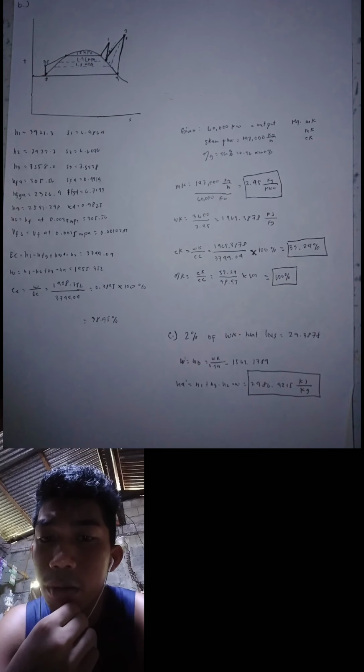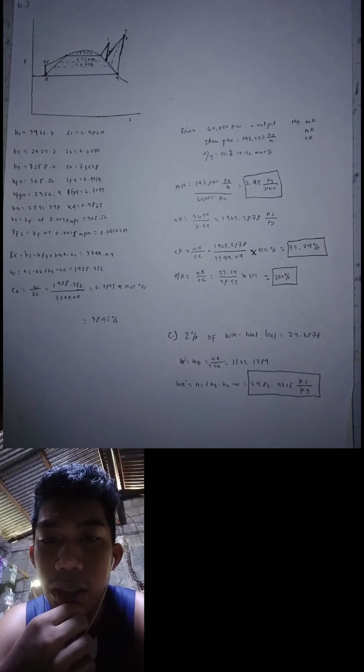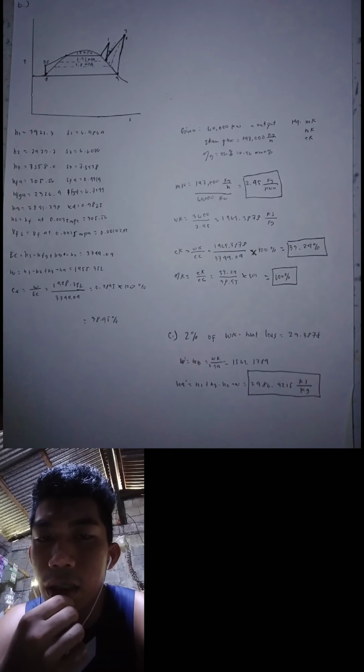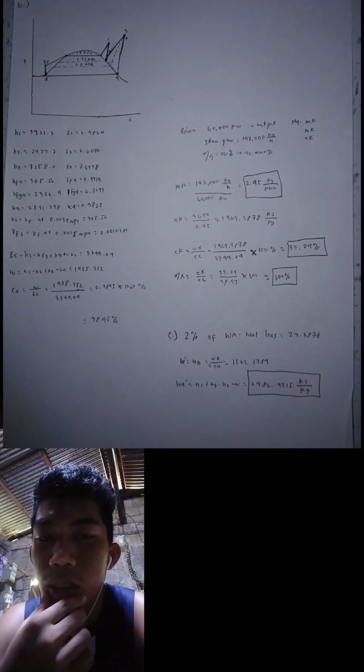And the actual enthalpy is equals to H4 is equals to H1 plus H3 minus H2 minus W will give us 2,486.4215 kilojoules per kilogram.